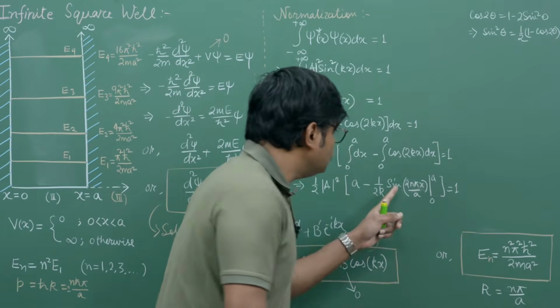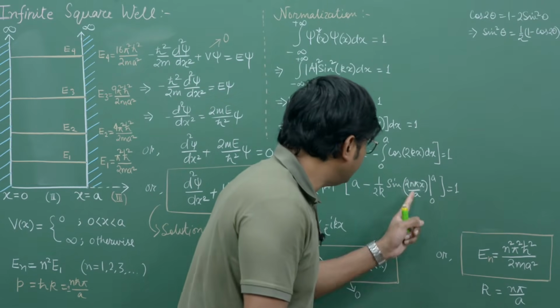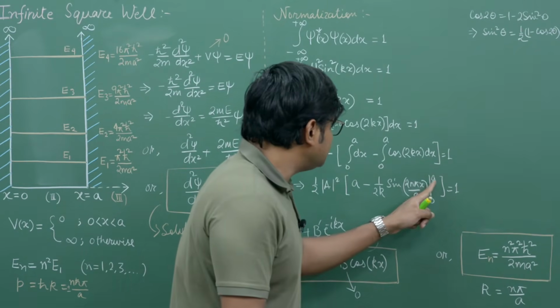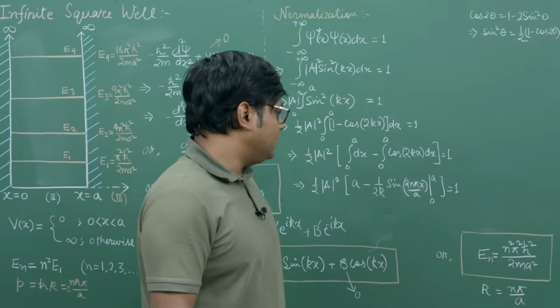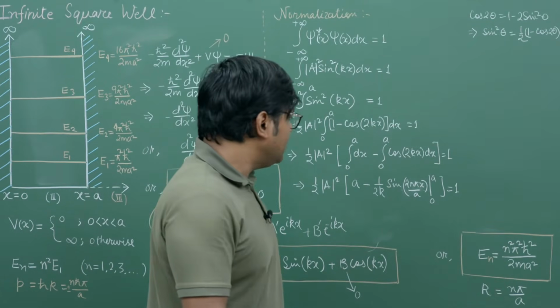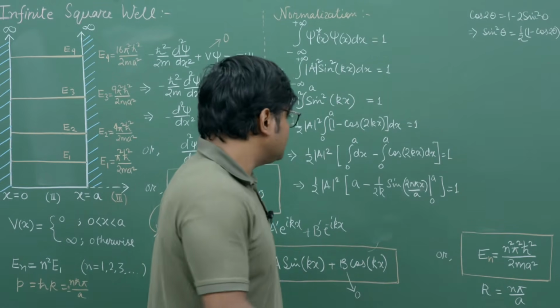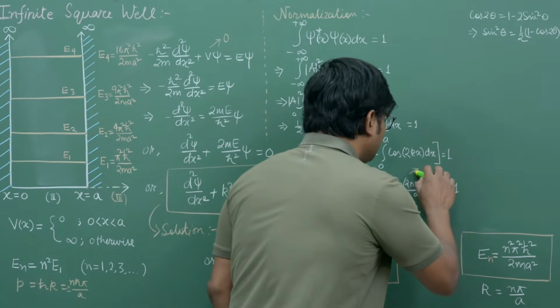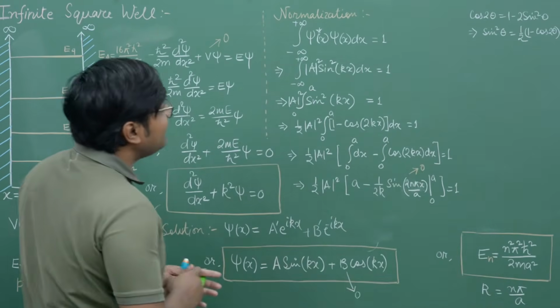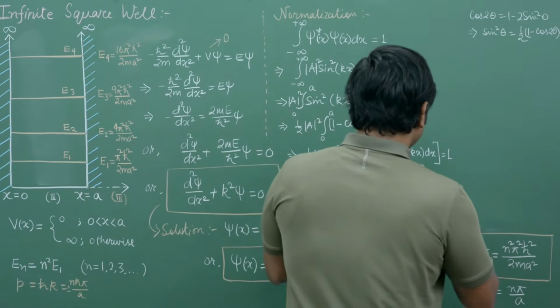So instead of 2kx, I have 2 n pi x upon a. So for x is equal to a, I have 2 n pi, where n can take the values of 1, 2, 3, 4 like that. So sine of that is 0, and sine 0 is again 0. So essentially the whole thing turns out to be 0, and we are left with the following.